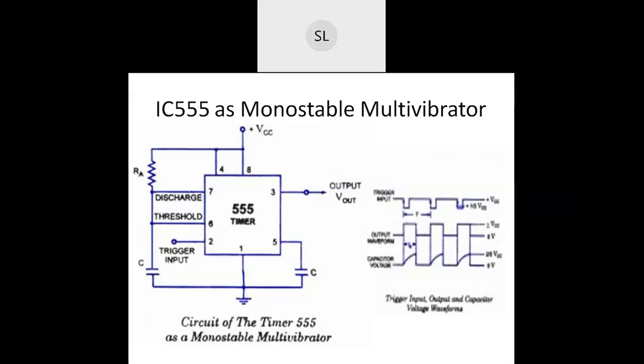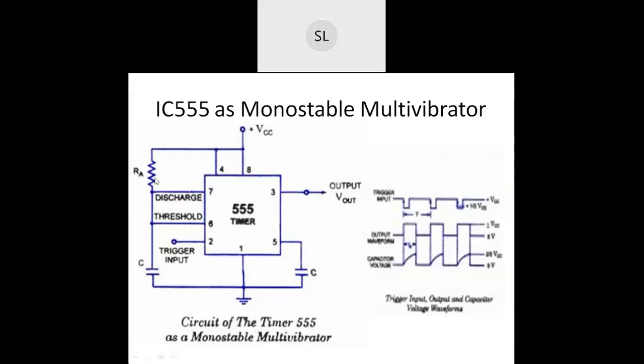As soon as we apply the triggering signal to this pin number 2, the output of this timer will go to the high state. Therefore the capacitor will start charging towards VCC through resistor RA.